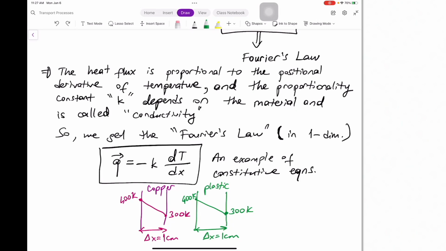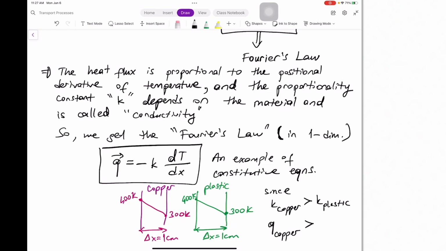So you would say that since K copper is larger than K plastic, you would get the heat flux for the copper larger, magnitude wise.